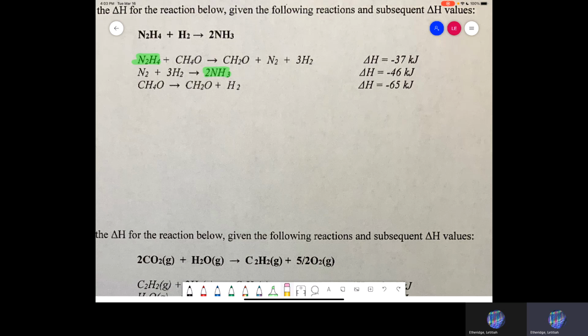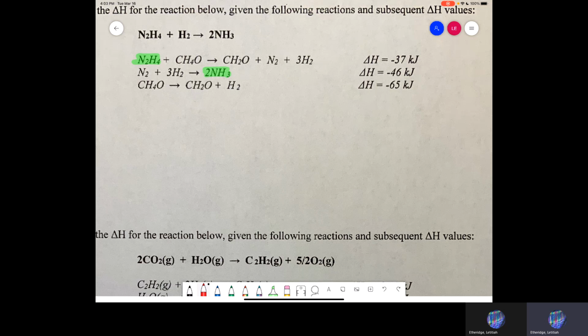Now, what I'm going to do is take a look at the original equation and see what is not in the original equation. So if you take a look, the original equation is just N2H4 plus H2 makes 2 ammonia. So that means that CH4O and CH2O both are not present in the original equation, which tells me that they have to cancel out.